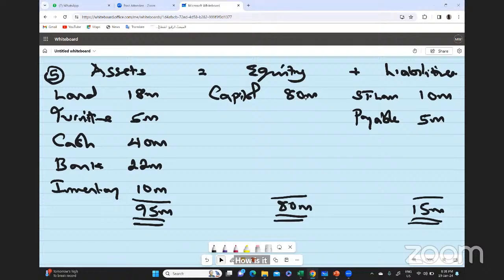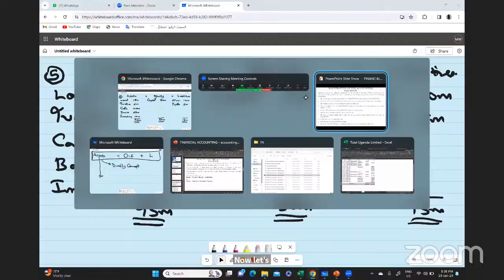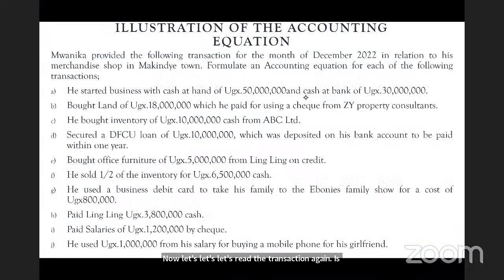Now let's read the transaction again. It's a bit disturbing, but we need to appreciate it. He sold half of the what? Half of the inventory. If someone says sold 4, meaning the money that they are going to state is what you got, isn't it?